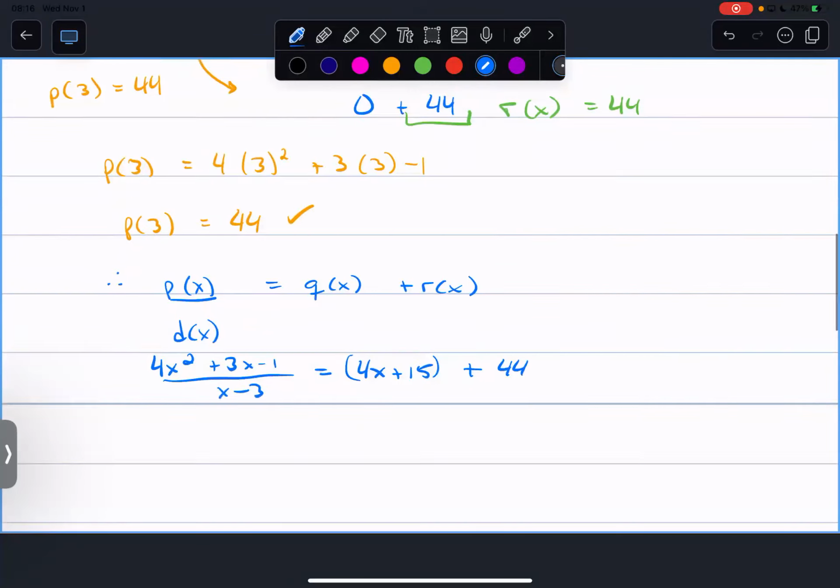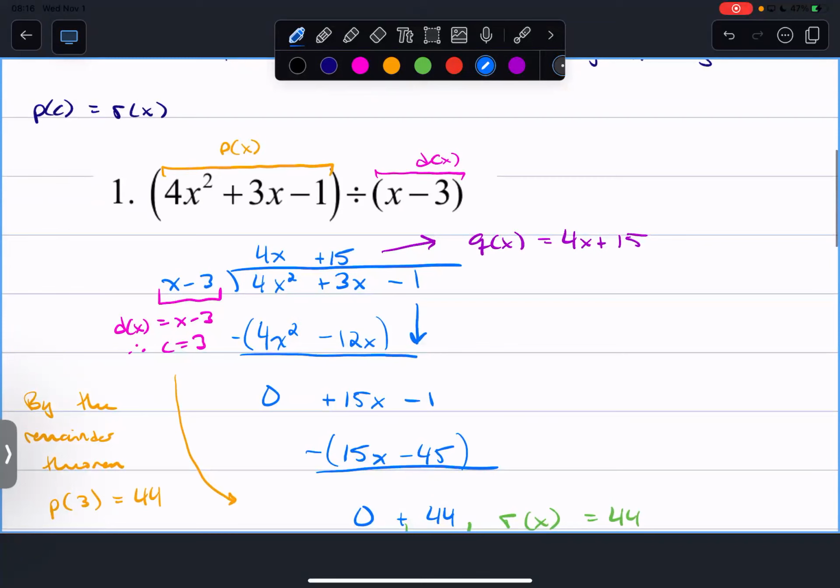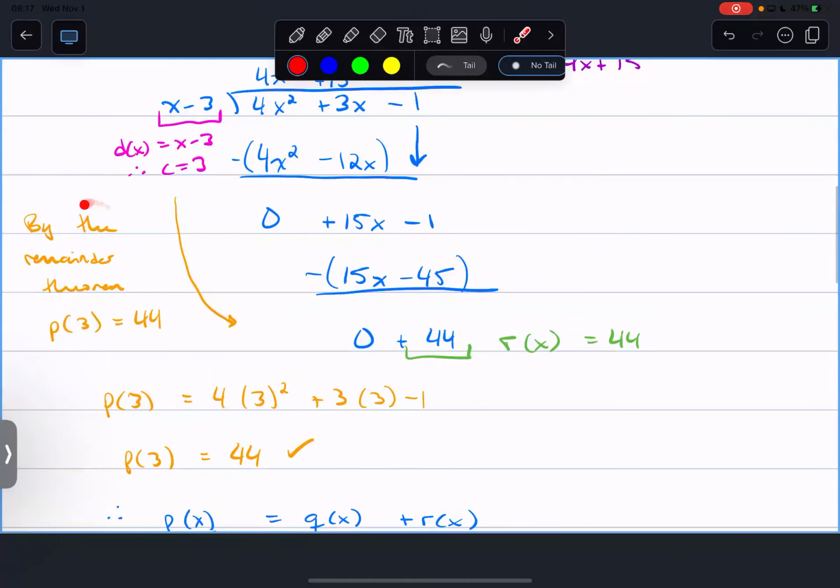It'll be set up similar to the assignments in the sense that you have this p of x, d of x, and then part 1, find the quotient, part 2, find the remainder, part 3, confirm the remainder using the remainder theorem, which means you have to remember what the remainder theorem is, right? But that's this little guy here, and it's really just a way of checking your work.